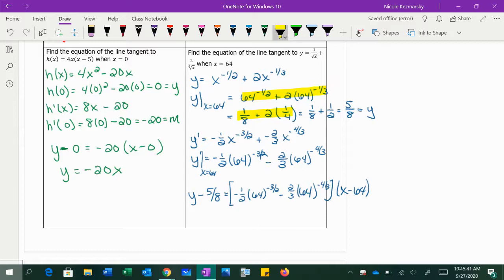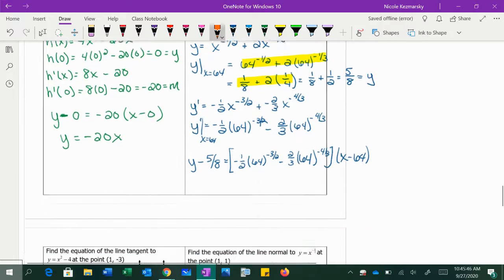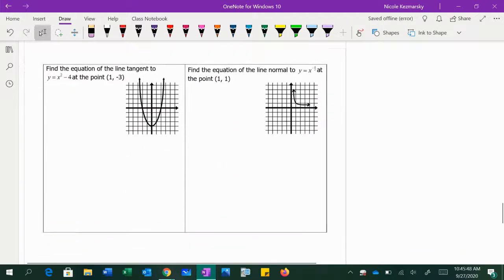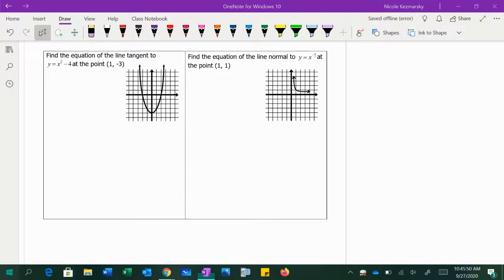Of course, it's always nice to stretch your brain a little bit. All right, last two, use a graph. So we're going to find the equation of the line tangent to y equals x squared minus 4 at the point 1 comma negative 3. So we're looking at, on this graph, 1 down 1, 2, 3. So we're looking at that point, and the tangent line is going to look like that.